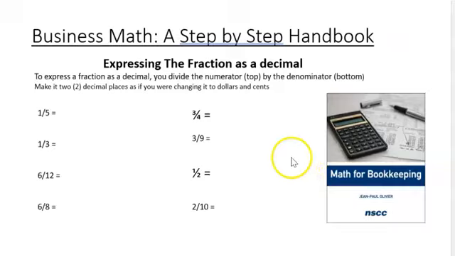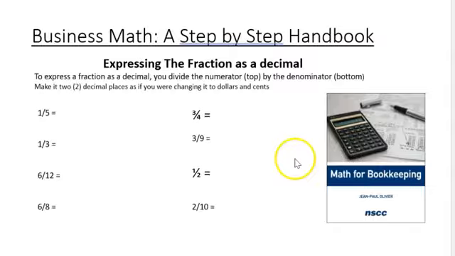Okay, so now we're going to move away from pure fractions and reducing, and we're going to change them into decimals. The way you change a fraction into a decimal is, the numerator is the number on the top, the denominator is the number on the bottom. What you're going to do is divide the numerator by the denominator.